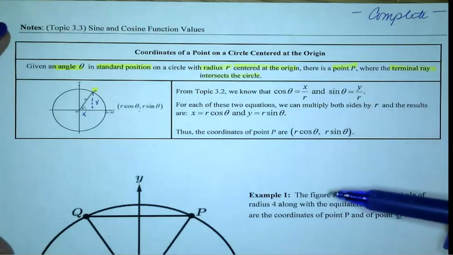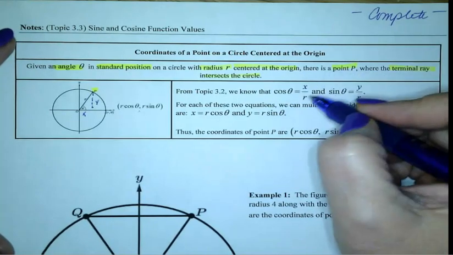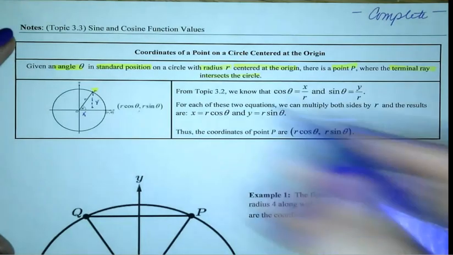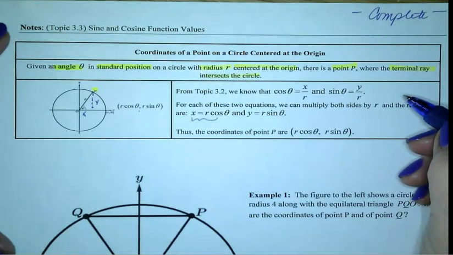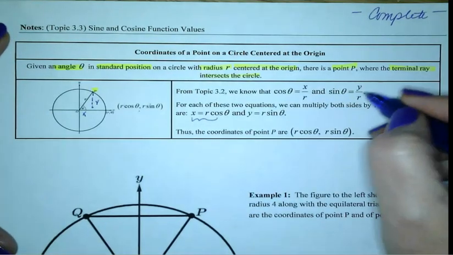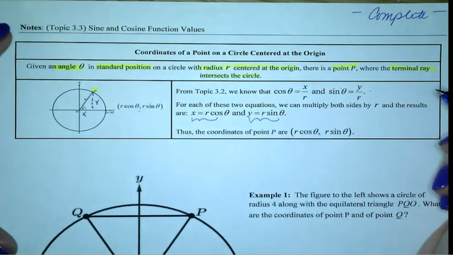If we isolate these equations, I can multiply both sides by r and end up with x equals r cosine theta, and y equals r sine theta.